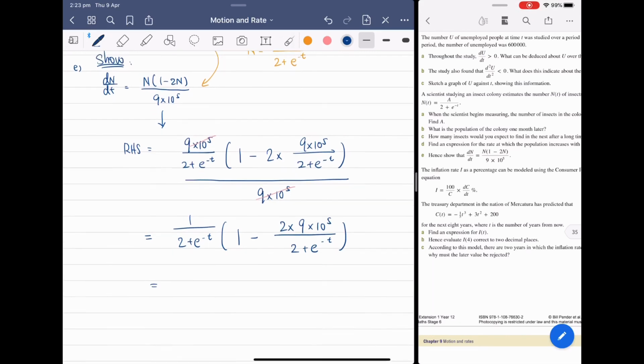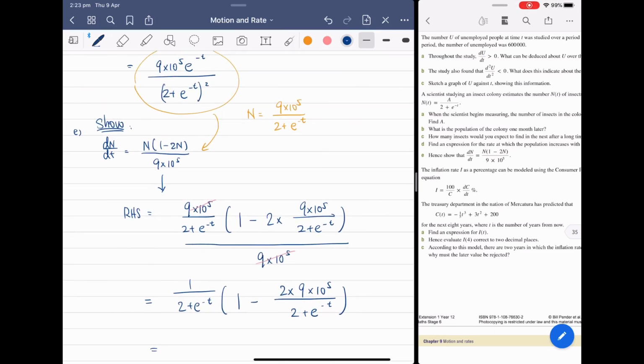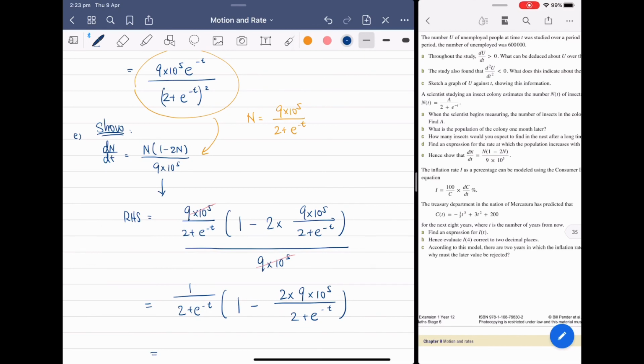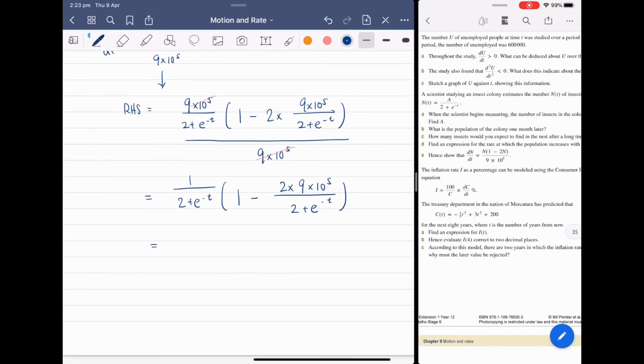Alright, and then let's see if we can get to the answer. Not yet. Okay, we need to continue. Make it the same denominator.